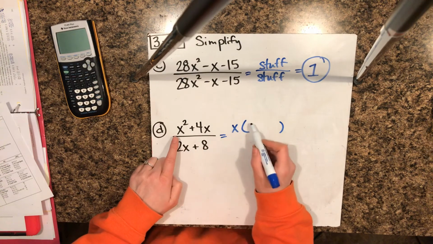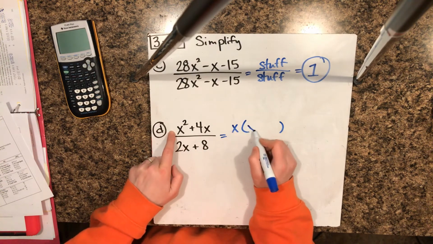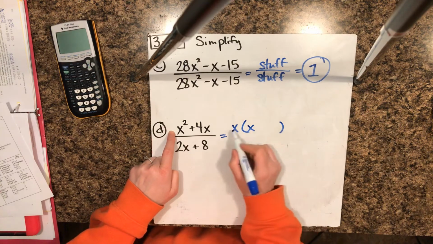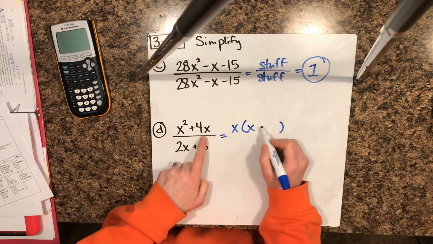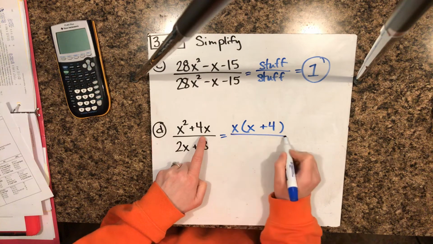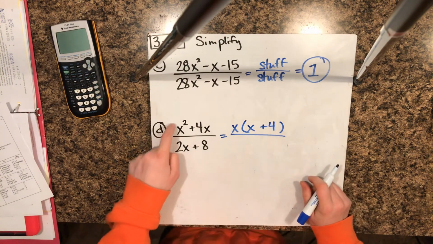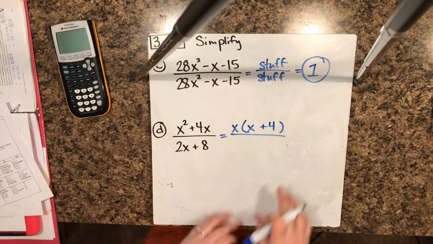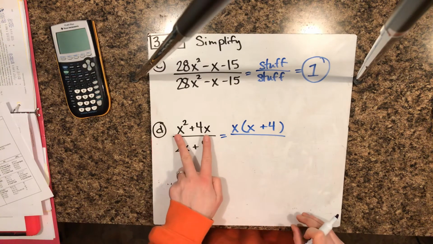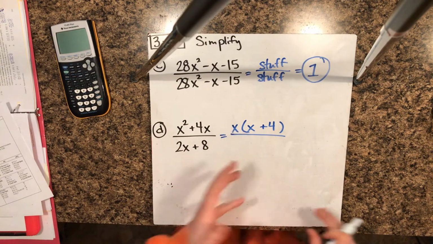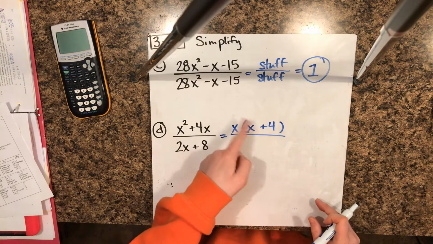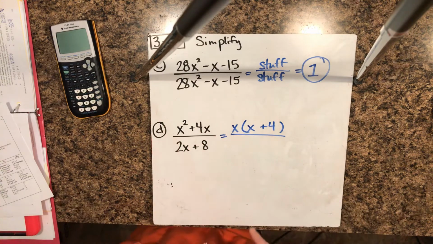Like if I were to distribute, how do I get x squared? X times x. If I were to distribute, x times what gives me 4x? That's a positive 4. Okay, so this is how we factor out. It's called factoring out a greatest common factor. Okay, what do they have in common? An x. It's kind of like undistributing. What would I do if I distributed to get to that?